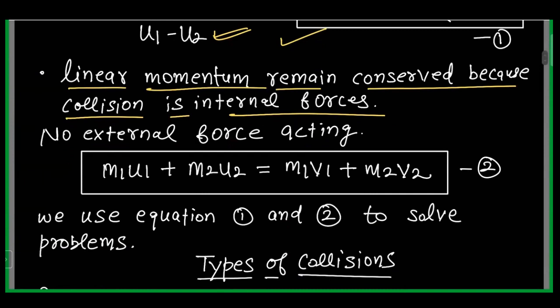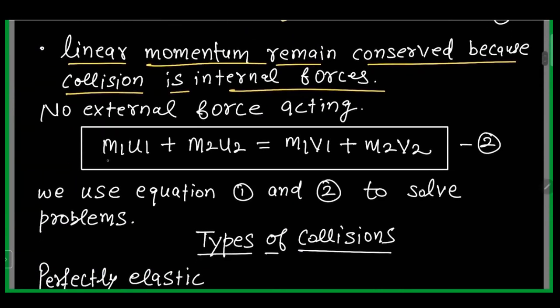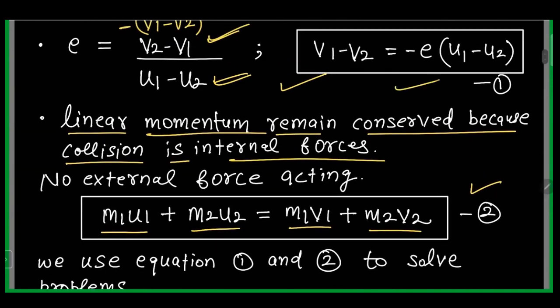So the second equation which we will get is initial momentum, which is m1 u1 plus m2 u2, equals final momentum, which is m1 v1 plus m2 v2. So your initial momentum is exactly equal to the final momentum. This is your equation number 2. Equation number 1 and equation number 2 are usually used in problems to find many things.